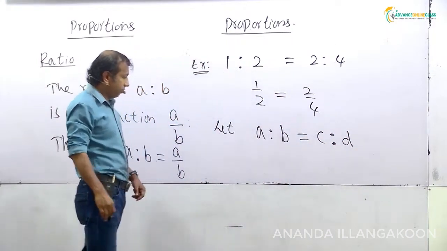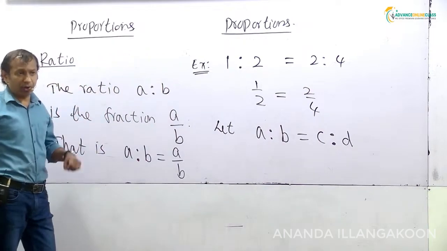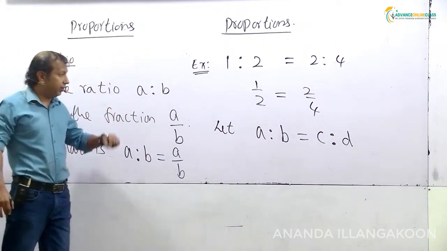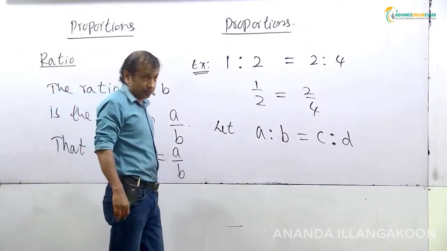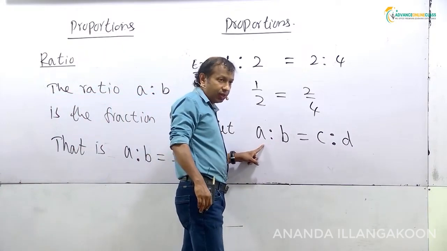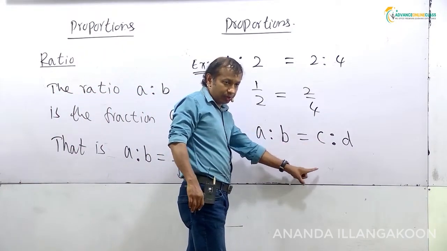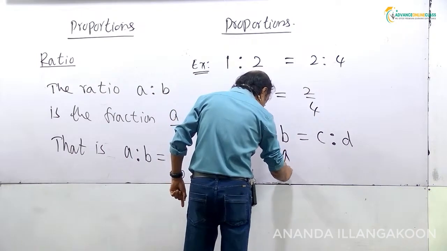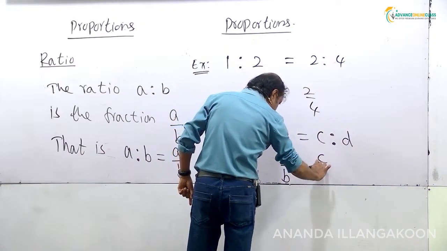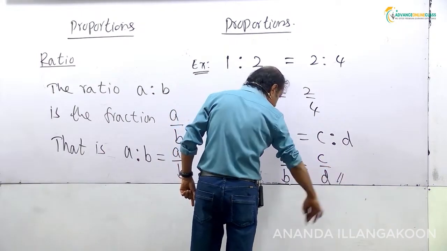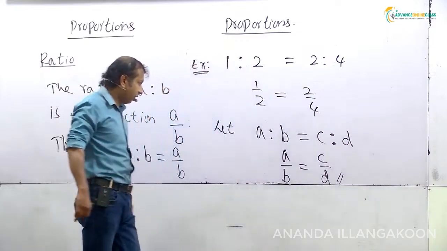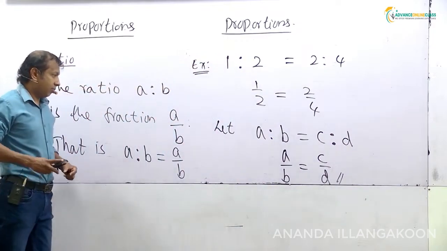Two ratios are equal. This is a proportion now. We can write this as equal fractions now. Tell me what is this? A upon B, right hand side, C upon D. Yes, A over B equals C over D. Then two equal ratios only we define as a proportion.